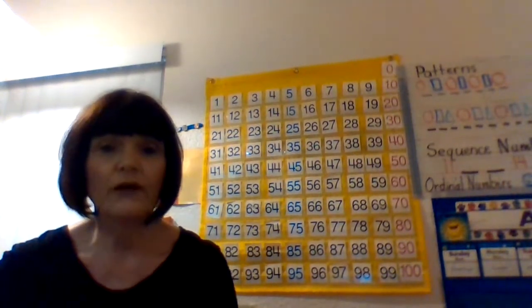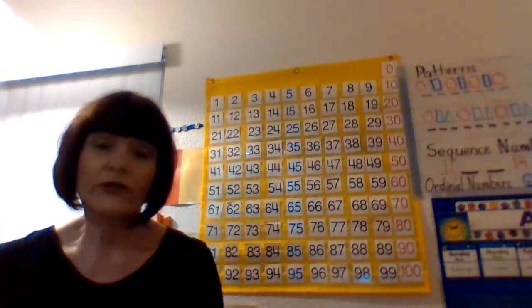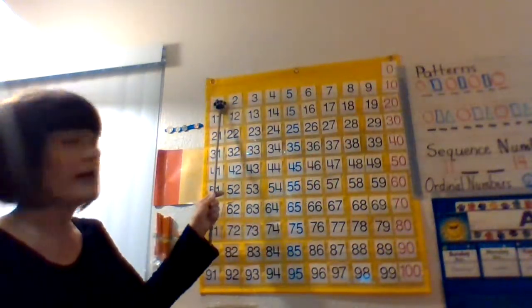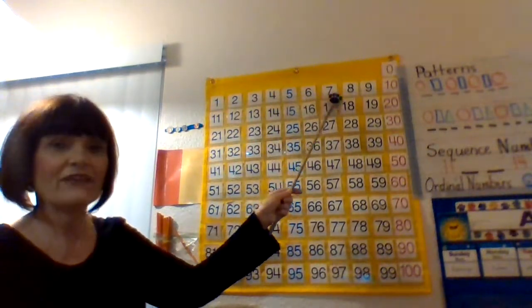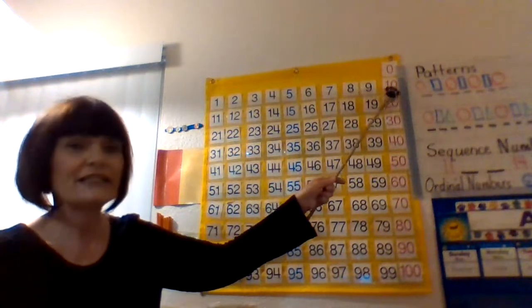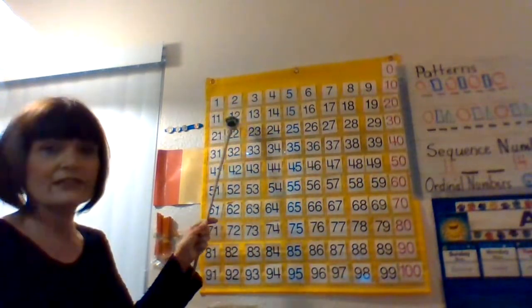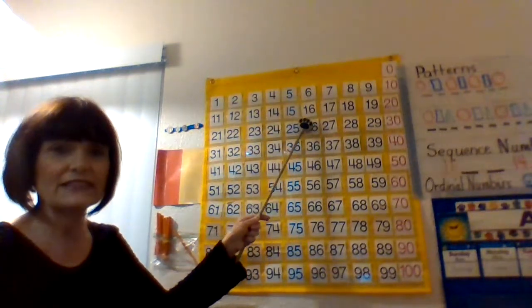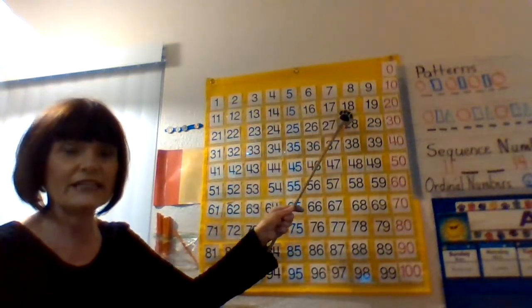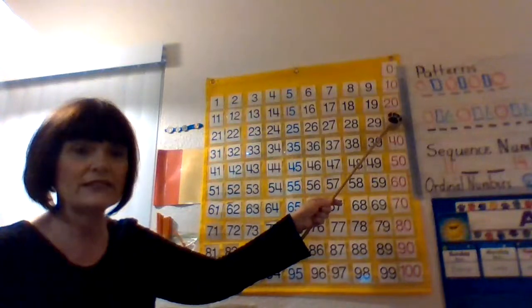First, we're going to count by ones. And we're going to count by ones, and then we're going to skip a few and start counting by ones again. Let's start with 0. 0, 1, 2, 3, 4, 5, 6, 7, 8, 9, 10, 11, 12, 13, 14, 15, 16, 17, 18, 19, 20.